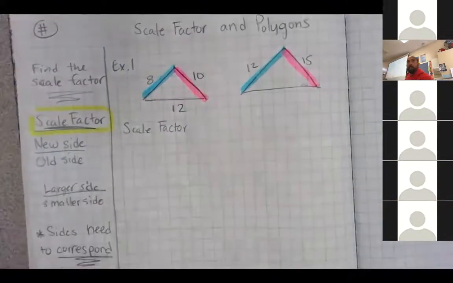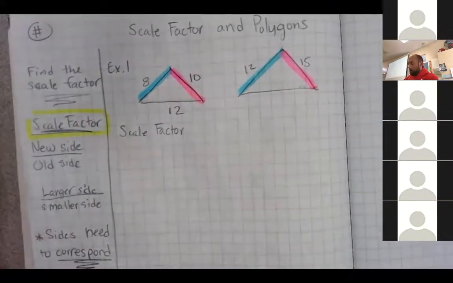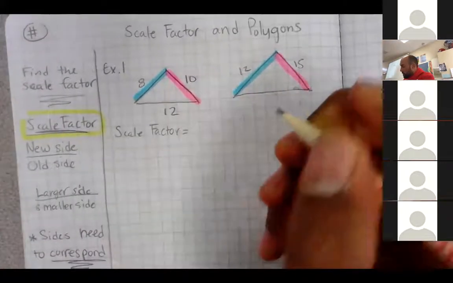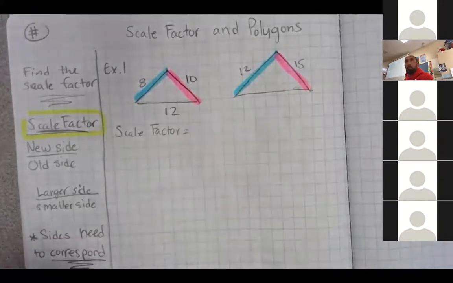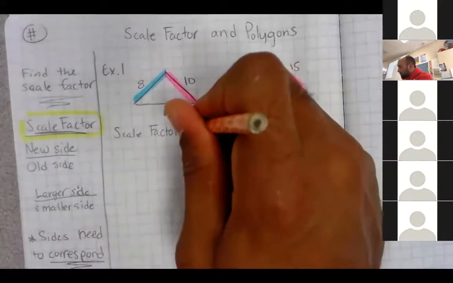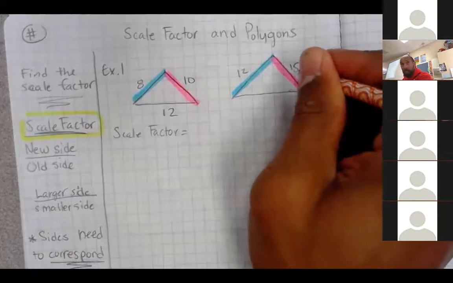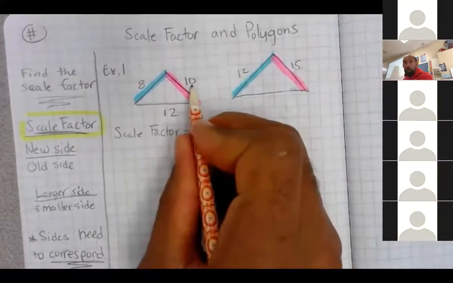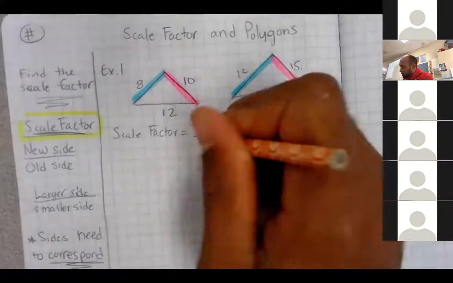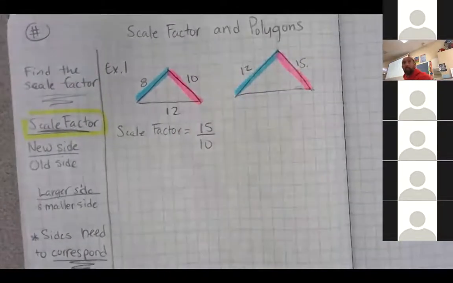So I can use either one to find the scale factor. Let's say I'll take the 15 and the 10. We'll use those two. So remember, the new side, or larger, divided by the old side, or smaller. And that'll be our scale factor.